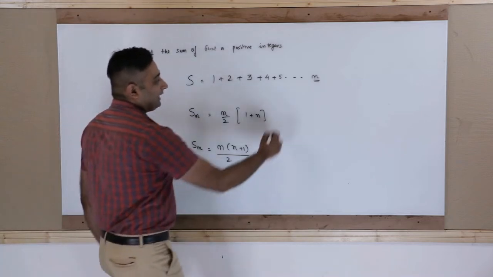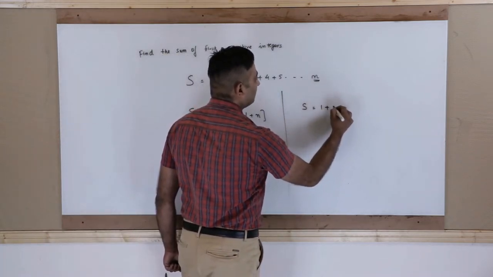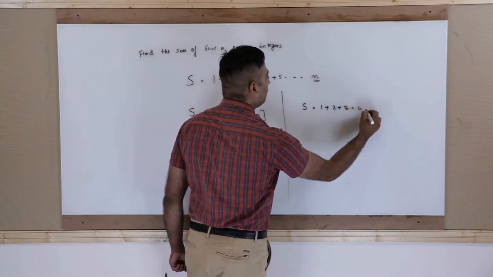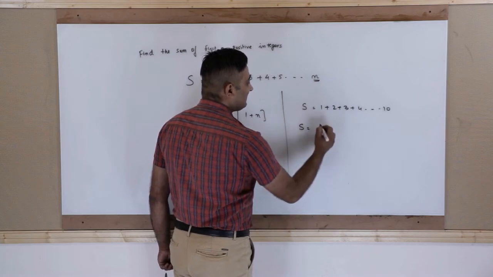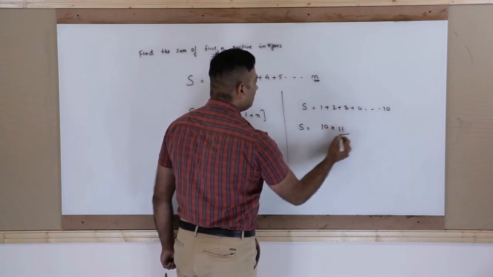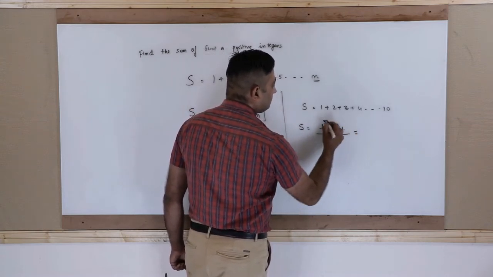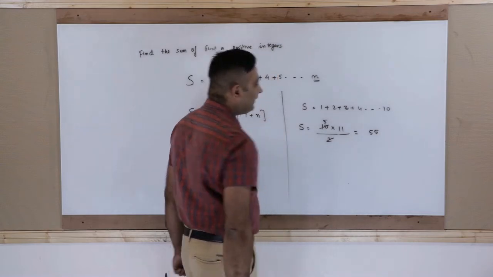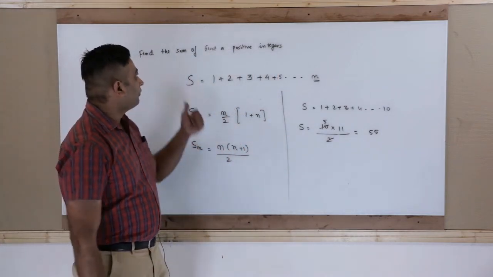For example, if we have to find the sum of the first 10 natural numbers, that is 1 plus 2 plus 3 plus 4 up to 10, we can easily write this as S is equal to n, that is 10 into 11 divided by 2, which is equal to 55.